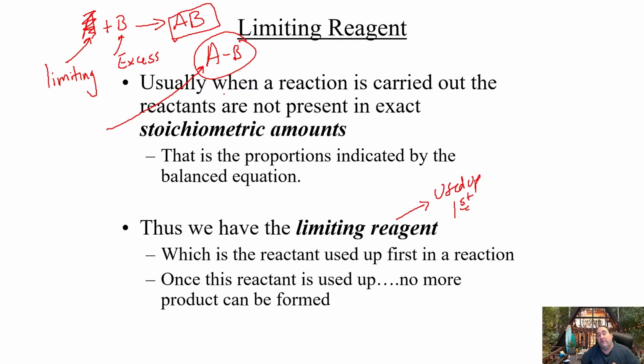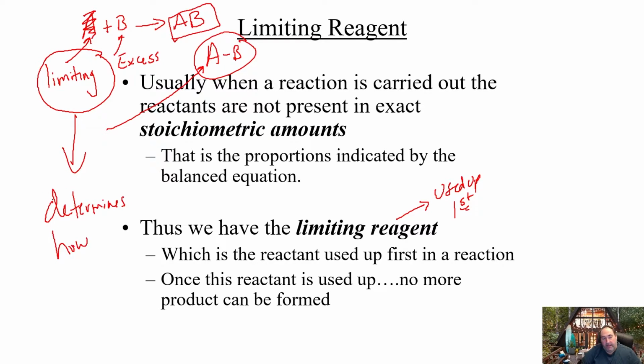So the importance of limiting reagents is that it is always the limiting reagent that determines how much product you can make. That's why when we come across a limiting reagent type problem in chemistry, one of the main things you have to do is figure out which one is the limiting reagent.